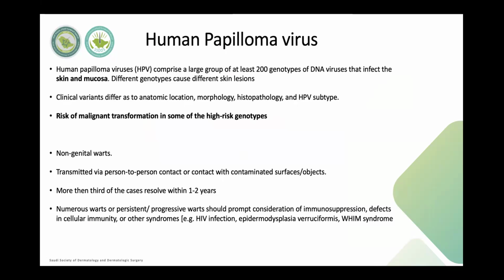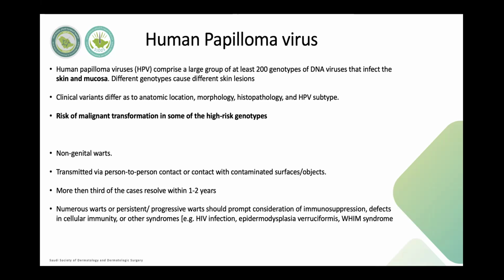The morphology depends on the type and location, and as we saw in the pictures, it has different presentations, with risk of malignant transformation in some, especially the genital ones, because they carry the risk of the high risk groups, which we are going to talk about.